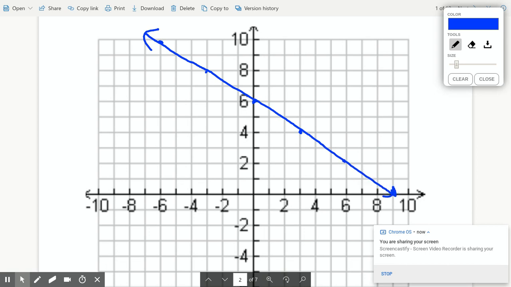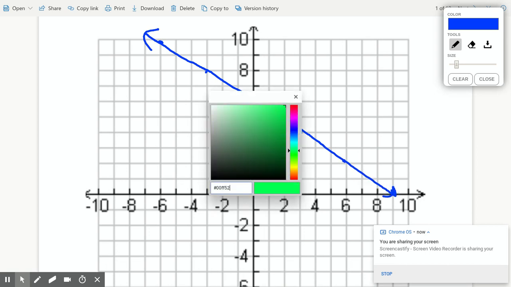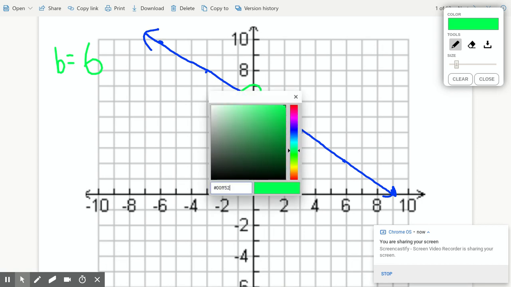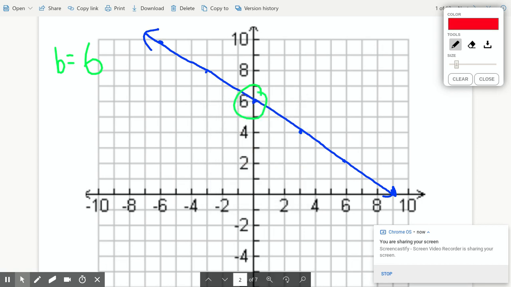So first thing I do is identify where I start. So I'm starting at 6. So my b value is 6. Then I try to determine my rise over run. So from 6, how does it get to the next point? It goes down 2 over 3. So my m is negative 2 over 3.